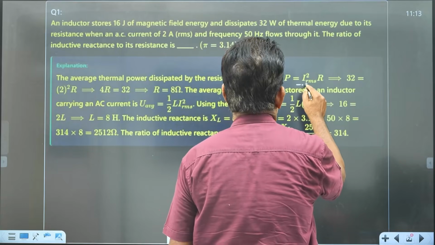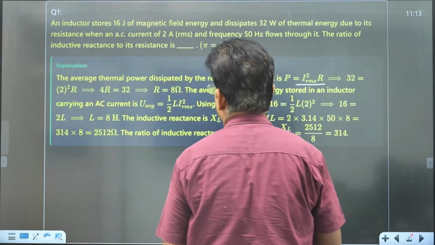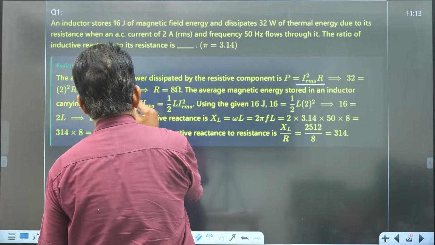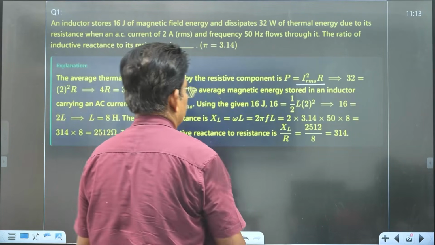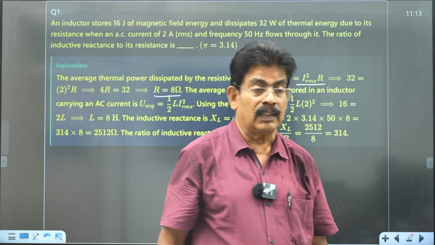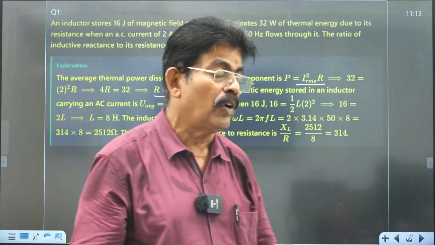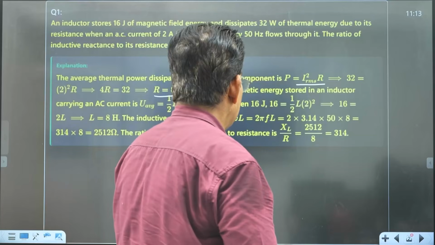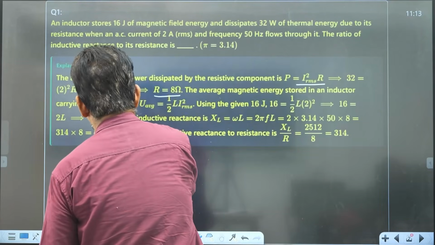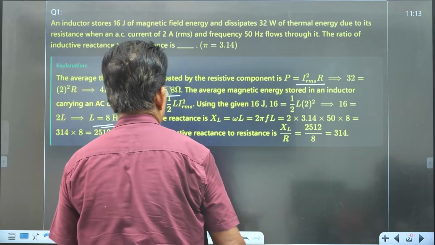And power is I squared into R, that is 32. Simple calculation: current is 2 amperes, so R is equal to 8 ohms. First we got that. Now, energy stored in the inductor, everybody knows, is half L I squared, half into L into 2 squared, that comes to be 16. Again, L comes to be 8.